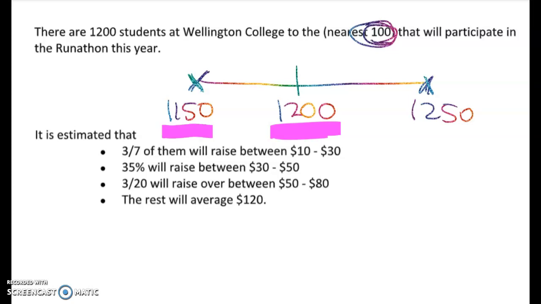Later on, I'm going to use the minimum number. Then we've got our 4 categories. 3/7 of them are going to raise between $10 and $30. I'm going to use the middle of each of these ranges for my average case, and I'm going to use the lower amount when I get to do the minimum.